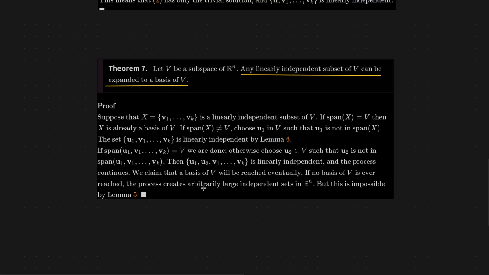It means that we could take any linearly independent set, and this describes how we could expand it into a basis for V. But it also means that every vector space, that is every subspace of Rn, has a basis. Every subspace.